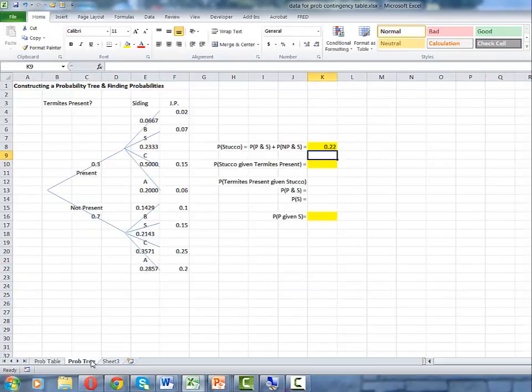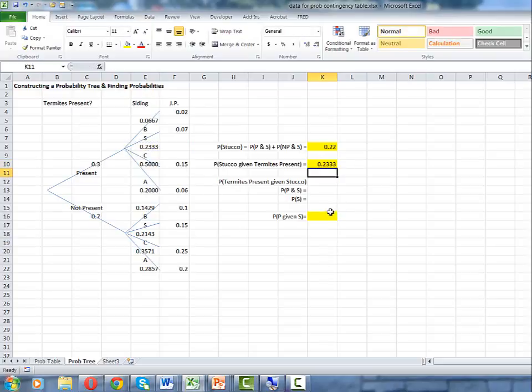That goes along with that contingency probability table, so that works. Probability of stucco given termites are present, so we're going to go off of this branch here and look for stucco, and that's just right there, 0.233. So that one's pretty easy.